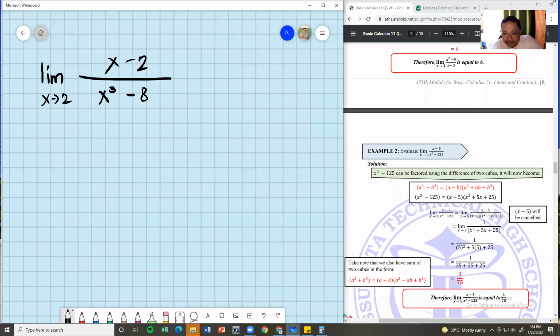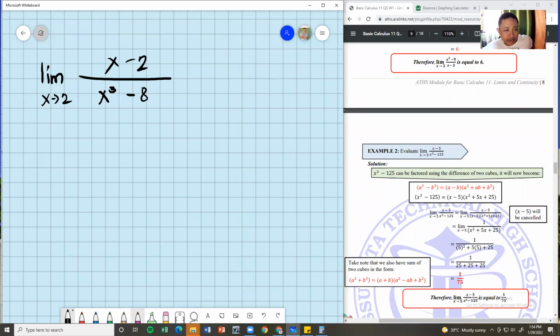This is patterned with example number 2 in page 9 of your SLM. So this is the difference of 2 cubes.